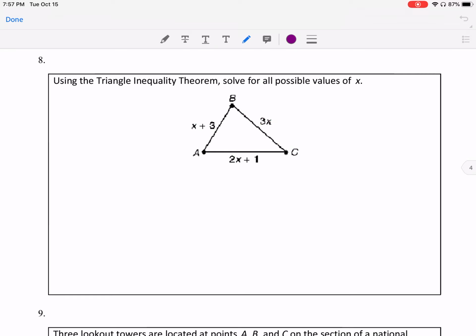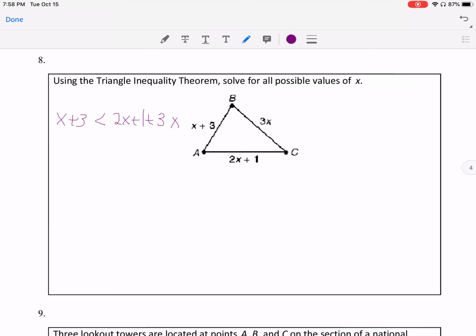This one probably poses the most challenge of all the problems. What you have to remember is there are three possibilities. Anytime you have a single triangle, one side of a triangle is always less than the sum of the other two sides. So we have three possibilities, okay? We know that my x plus 3 side has to be less than 2x plus 1 plus 3x.